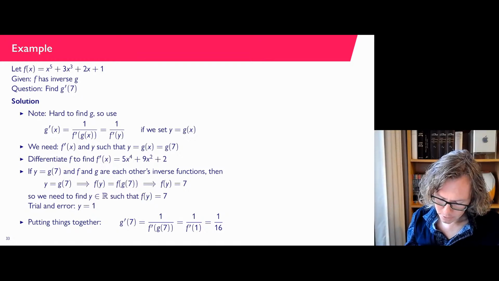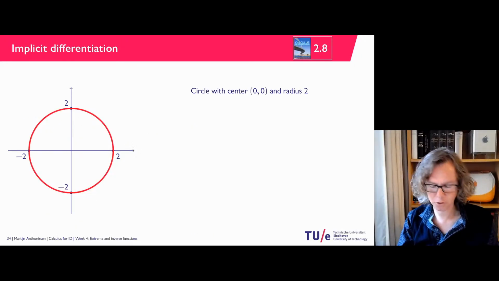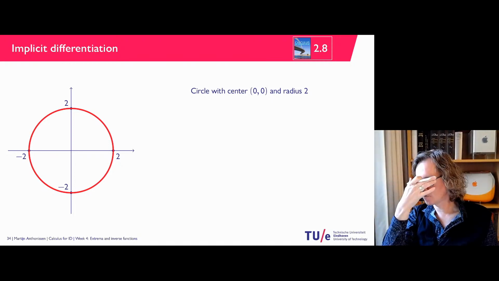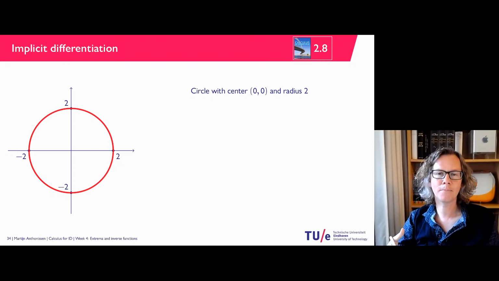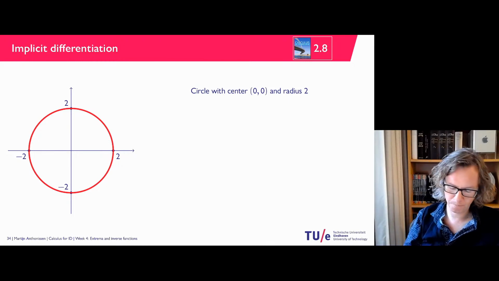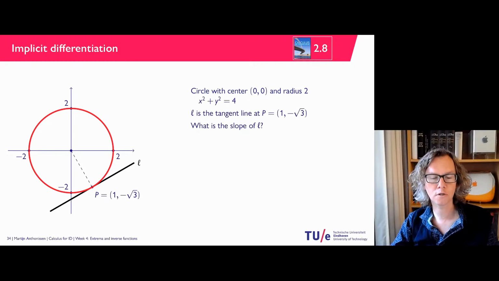So the last topic for today is implicit differentiation. We're still talking about differentiation, and this is also kind of linked to inverse functions. Say here we have a circle in 2D with center 0, 0, so around the origin, and radius 2. As you know, the corresponding equation is x squared plus y squared equals 4.